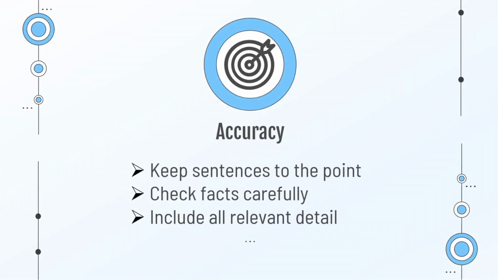Accuracy is the most important component of clear and efficient communication. To make a message accurate, the writer should keep sentences to the point, check facts carefully, and include all relevant information. Keeping sentence to the point allows the reader to easily catch relevant information what they need. Fact check should be thoroughly done. It should be ensured that the message is real and perfectly written and unbiased.